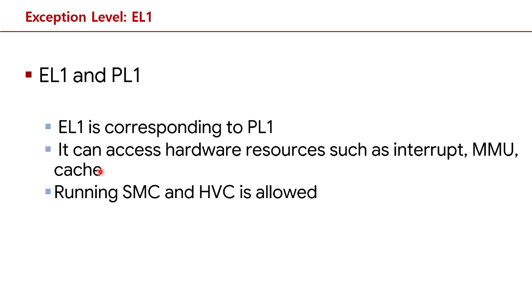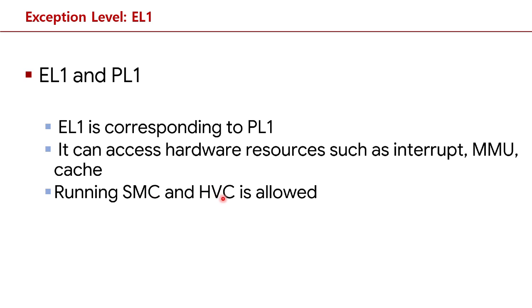At exception level 1, the software can run the SMC assembly instruction or the HVC assembly instruction that requires privilege level 1. When the Linux kernel executes the SMC assembly instruction, the exception level can switch from EL1 to EL3.